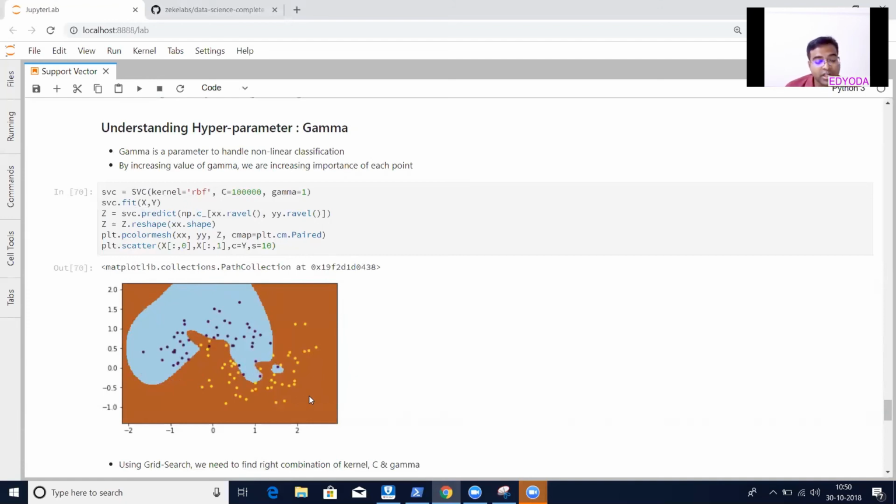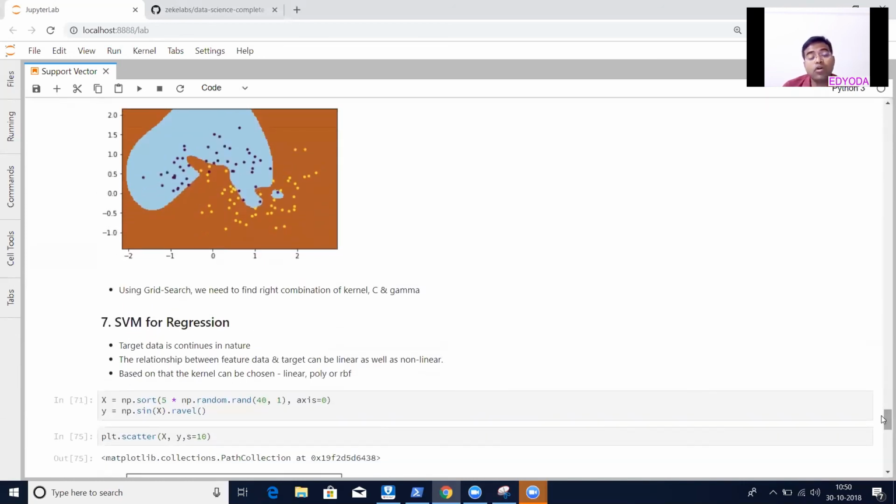A higher value of gamma will make your model have higher variance, like it might not work the same for testing and training data. So what we have to do is find the right balance between C and gamma. That is where grid search techniques come into the picture. With SVM, it is a common practice to use grid search so that we can find the best hyperparameters.